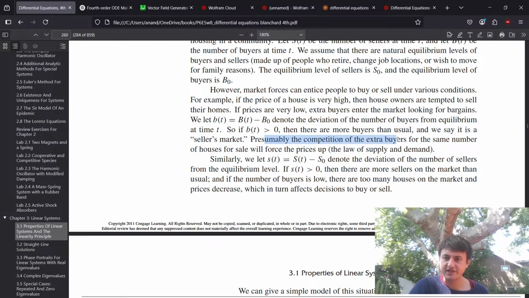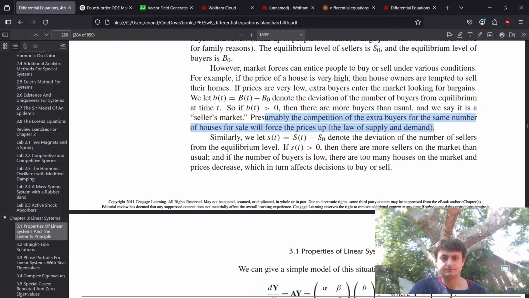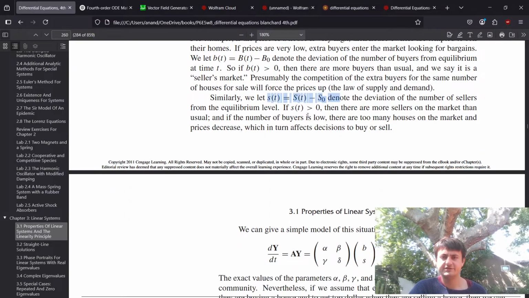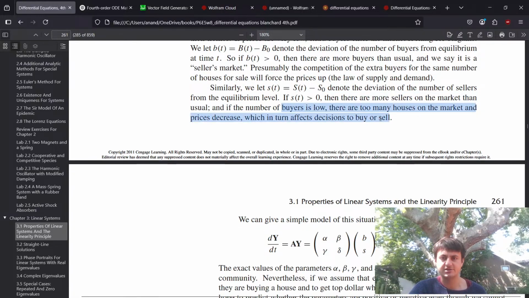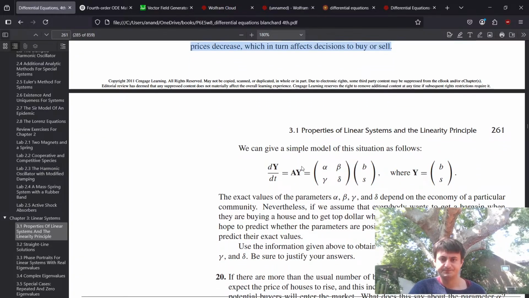Presumably, the competition of the extra buyers for the same number of houses for sale will force the prices up. Similarly, we let s of t be the deviation of the number of sellers. So if s of t is greater than 0, there are more sellers on the market than usual. If the number of buyers is low, then there are too many houses on the market and prices decrease, which in turn affects decisions to buy or sell.